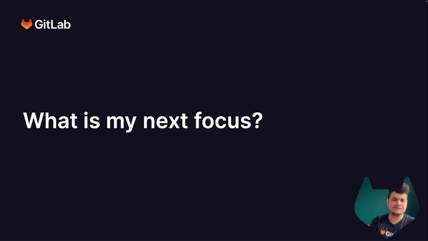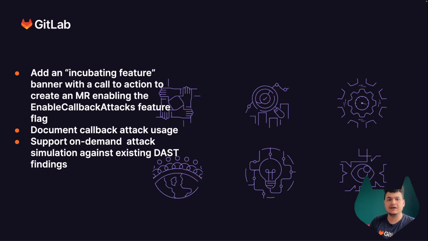So what is my next focus? I'm going to be focusing next on adding incubating feature banners and different calls to action within the product for folks that are using dynamic analysis or on-demand scanning, as well as if you have a vulnerability report, just enabling a user to see, hey, you got a vulnerability report, why don't you click this button to simulate an attack?